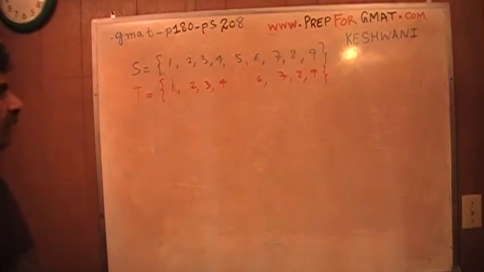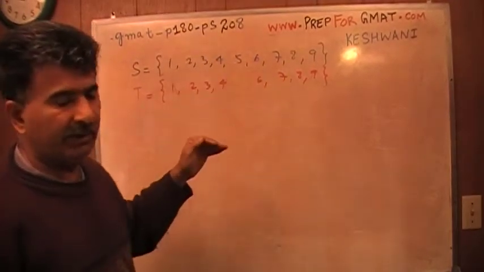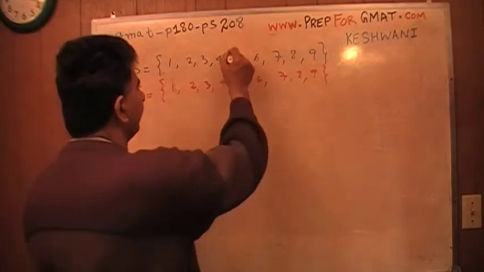I hope you're able to tell me what is the average of these 9 numbers without actually adding them up and dividing by 9, because they are evenly spaced. If they are evenly spaced, the average is the middle guy.